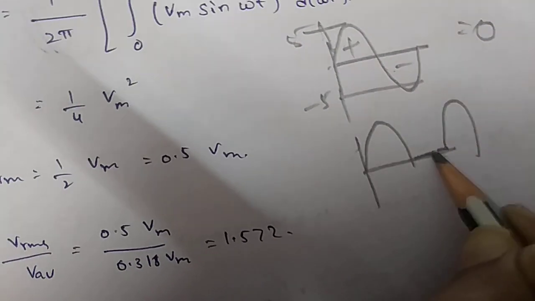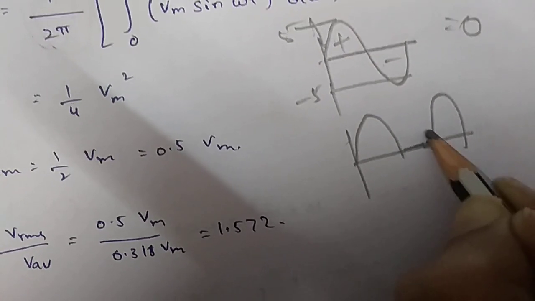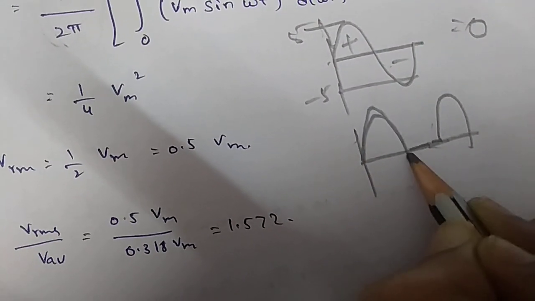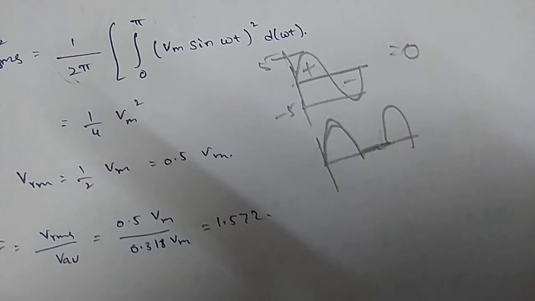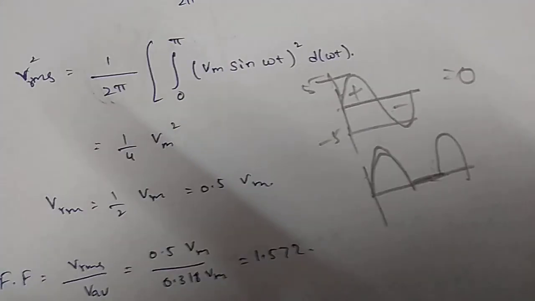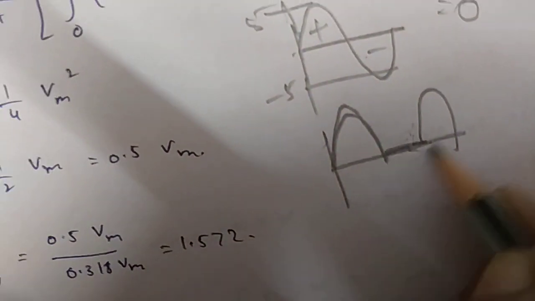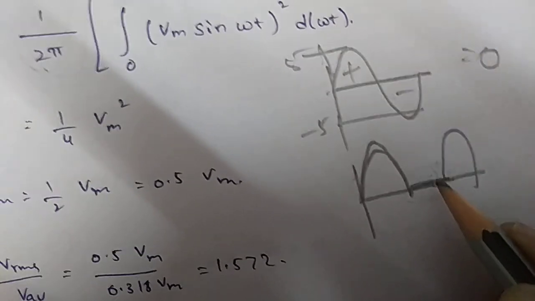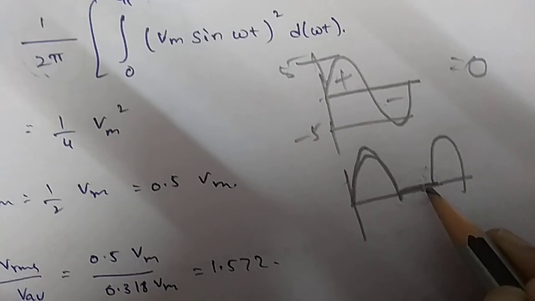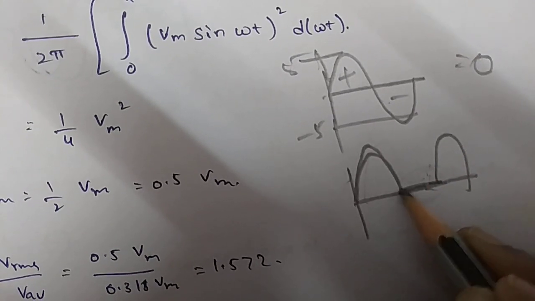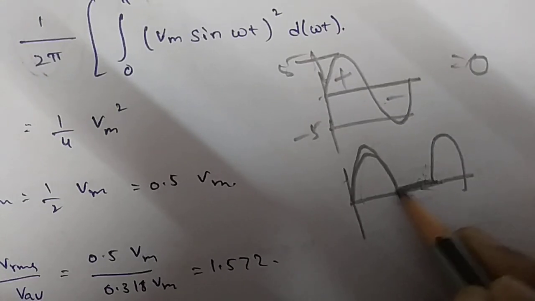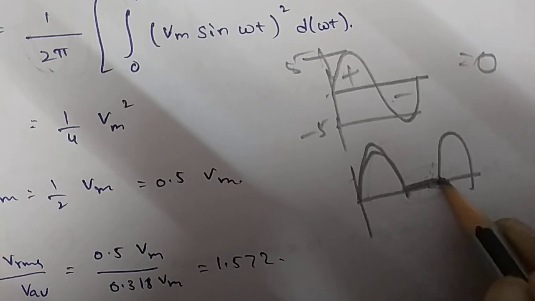Again it is having positive. Here the cycle starts from here up to here, the complete cycle is there, but on the negative axis the portion will be 0. If I take the average value, this negative portion will not affect it that much, but the total area of the curve will cover here also. Even though the value is 0, the area of the curve comes under here also.